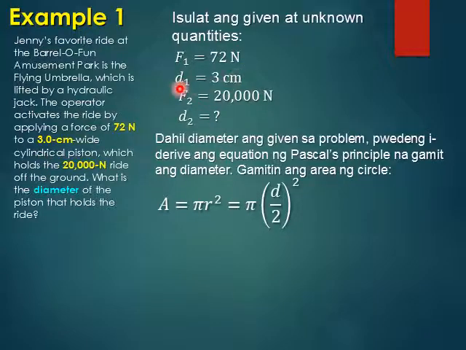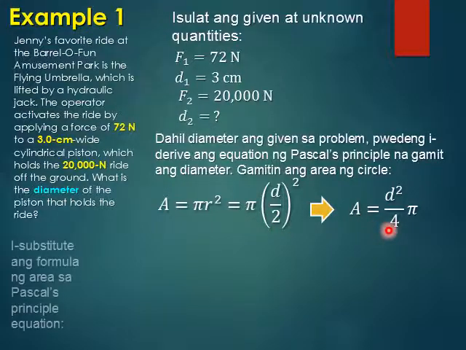Pero dahil given ang diameter, papalitan lang natin yung r ng d over 2, or the diameter divided by 2. Kaya magiging pi times (d over 2) squared. So, that's d squared over 4 times pi, kasi ito magiging d squared, ito magiging 2 squared. So, that's why it's 4.